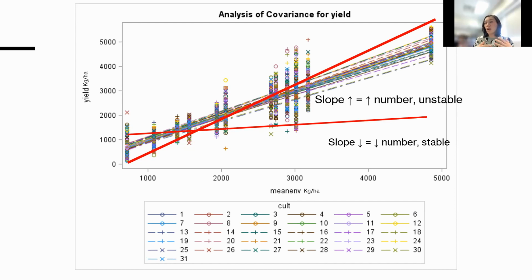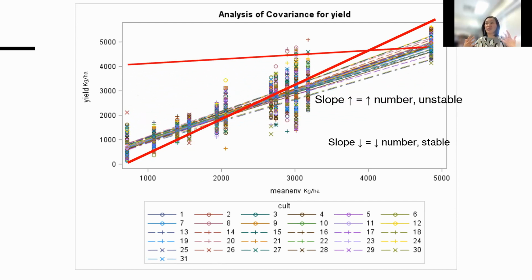What would be wonderful is if we could find a genotype that does this, where it has high yield potential and it doesn't matter where you grow it, it's still going to yield really, really well. Well, this rarely ever happens, especially in organic environments where we have weeds, fertility differences, variability from farm to farm, variability from field to field.